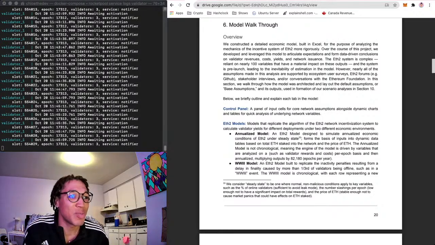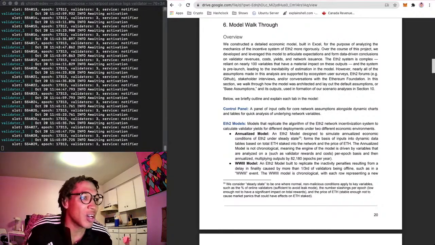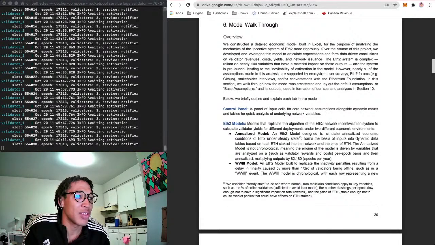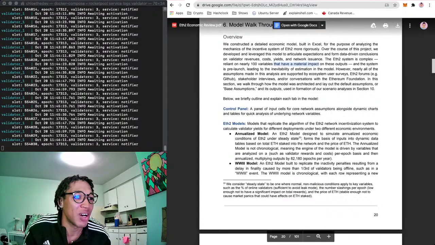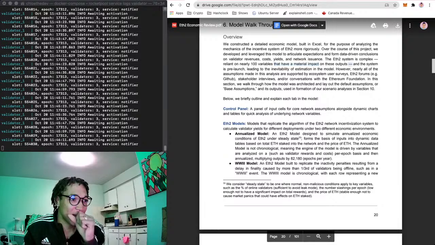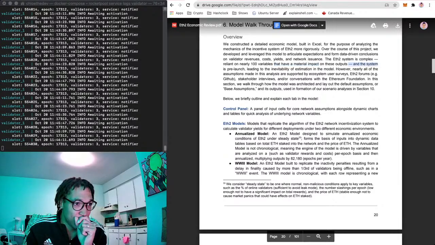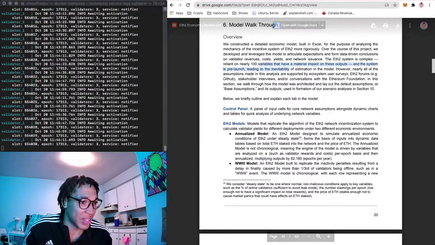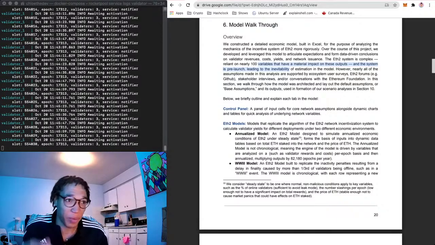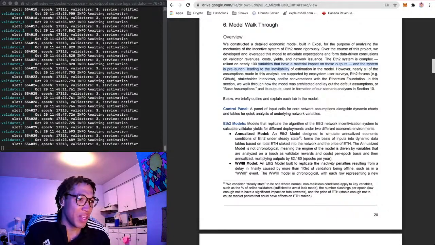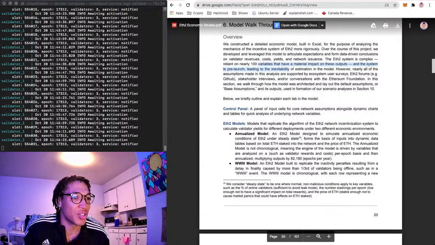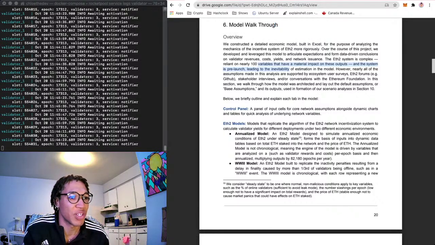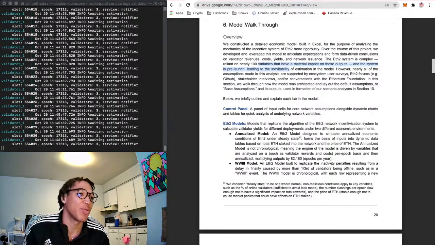The ETH2 system is complex, reliant on nearly 1,000 variables that have a material impact on these outputs. And the system is pre-launch, leading to the inevitability of estimation in the model. However, nearly all of the assumptions made in this analysis are supported by ecosystem user surveys, ETH2 forums, example GitHub, stakeholder interviews, and or conversations with the Ethereum Foundation.